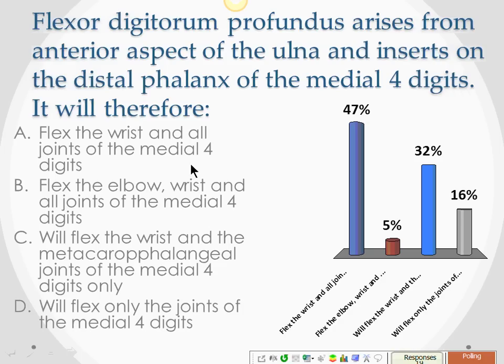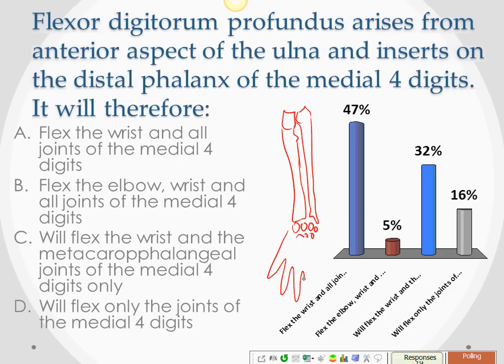Okay, well, most of you got it right. Now, this is the correct answer. See, it's arising from the ulna, which means from here. It has to cross the wrist, and then it is going to go all the way to the distal phalanx. So imagine if I drew the ulna here, and this is the radius, and here are the carpal bones.